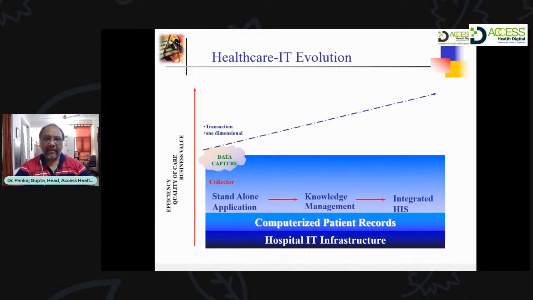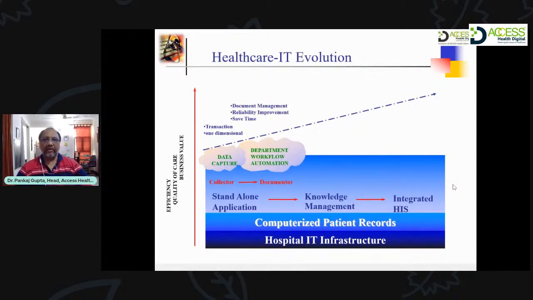The next level is department workflow automation systems. Department workflow automation comes when there's a proposal created on a file, the file has to move, different people act on the file, and there is some action or decision that has to be taken.